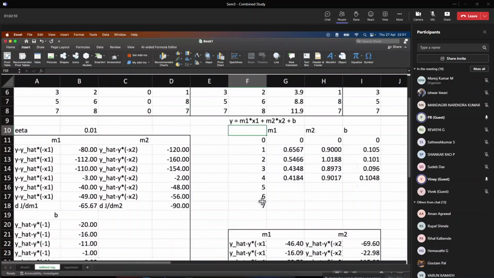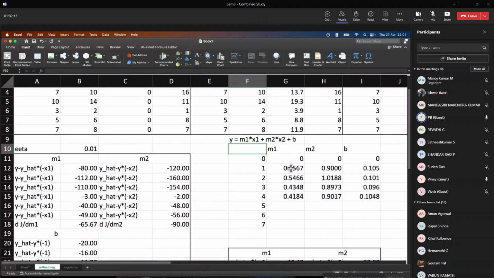When I'm calculating these values, then you can say yes, I am going down. But for these, I'm just finding the next set of weights for which I will get a lower error value.